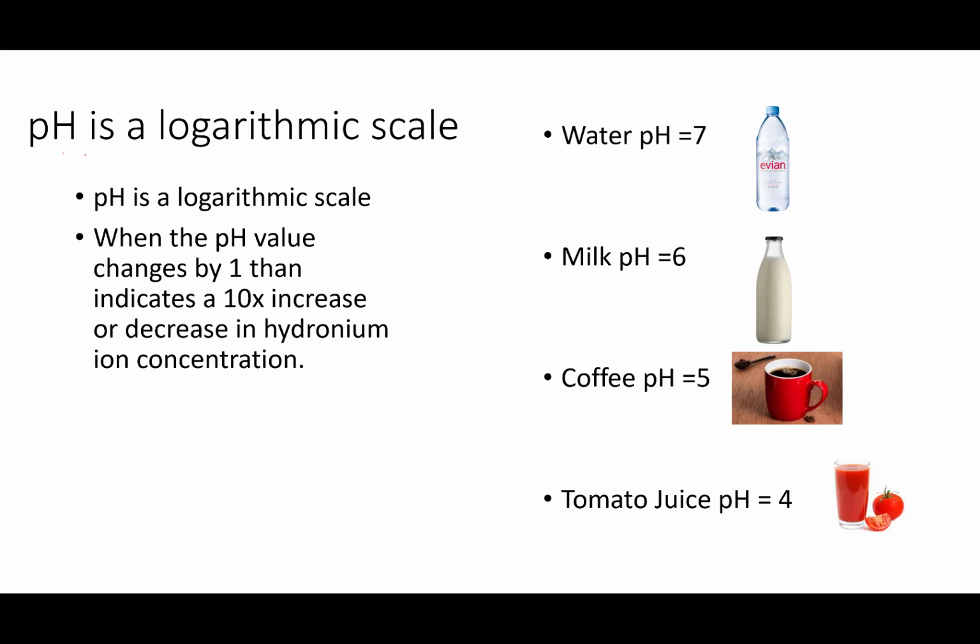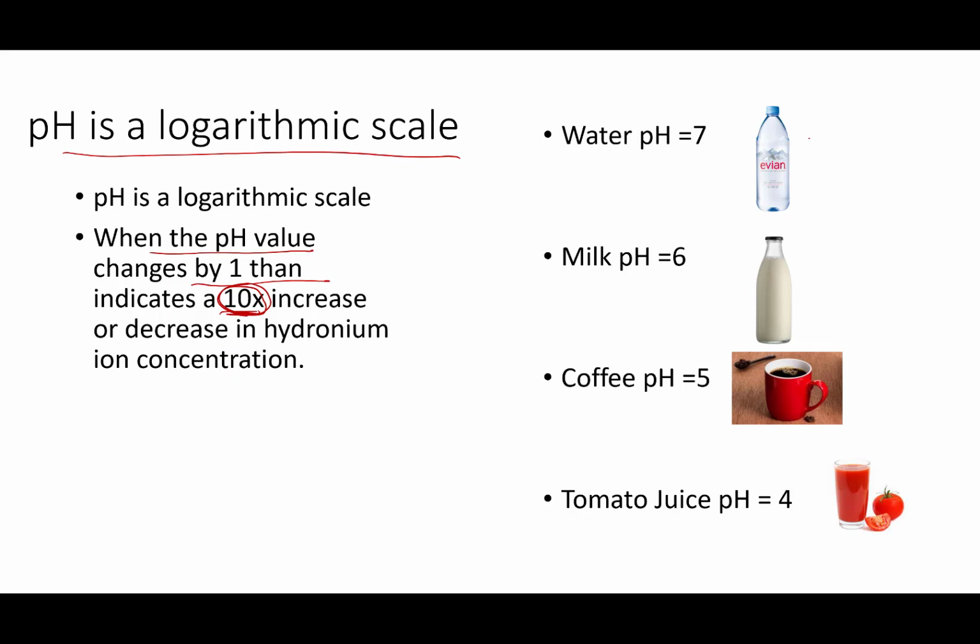Now, pH is wacky because it's a logarithmic scale. Now, what that means is when the pH value changes by 1, that means there's a 10 times increase in the hydronium ion concentration.